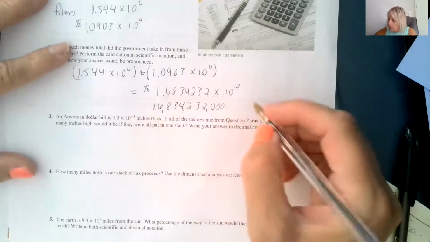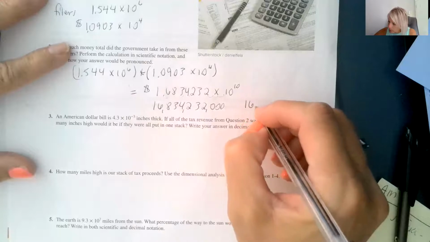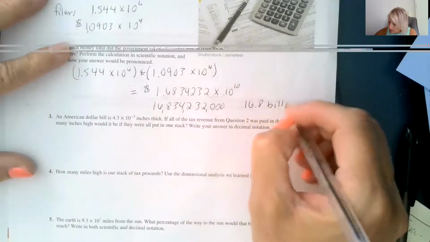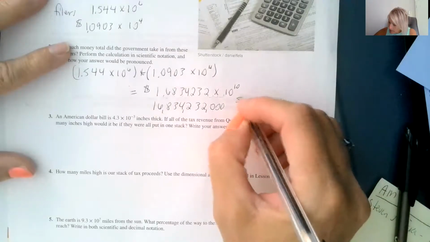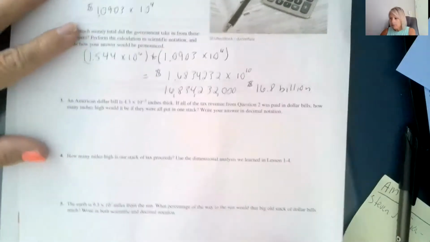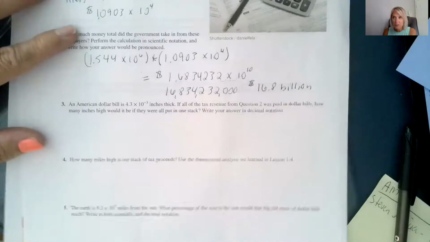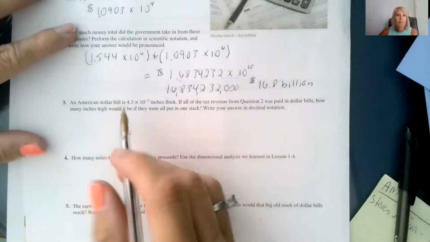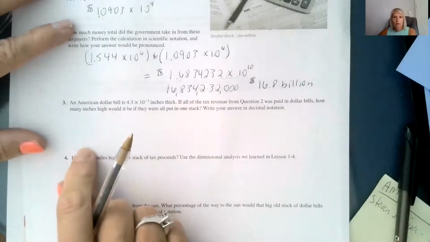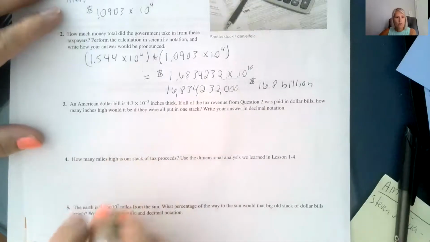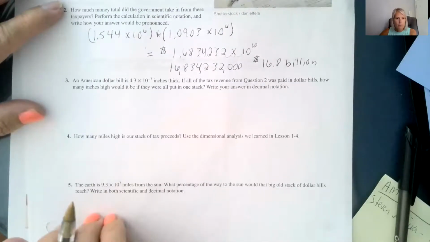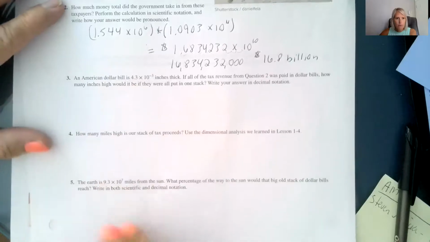So 16 billion, so 16.8 billion dollars. And that's not even close, because we said our budget earlier in a lesson was 2 trillion something. Wow, so this is talking about some money.